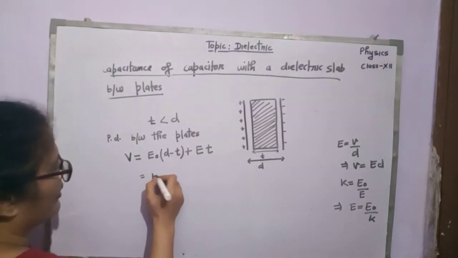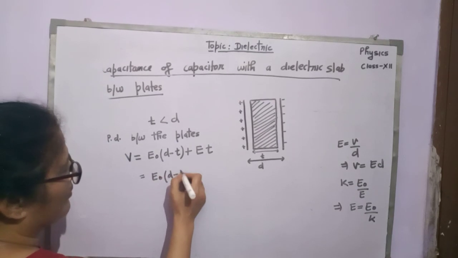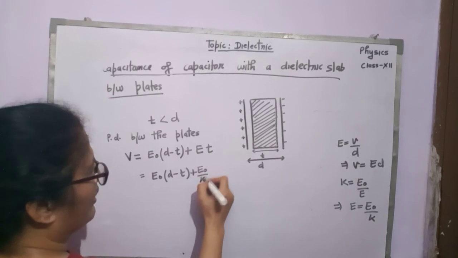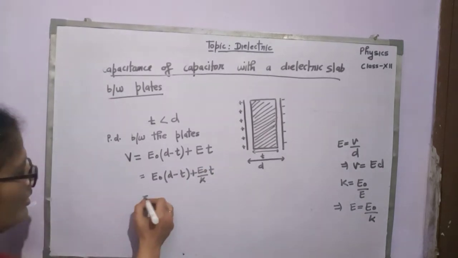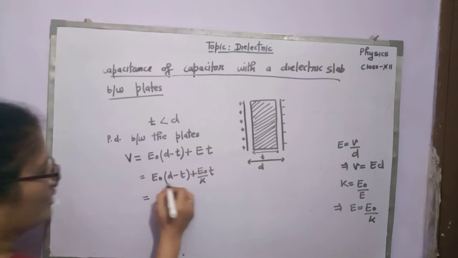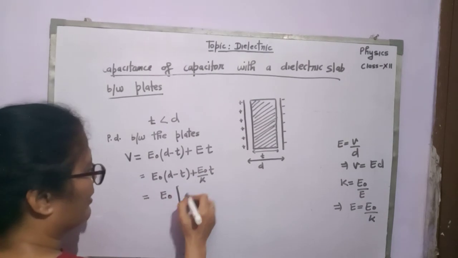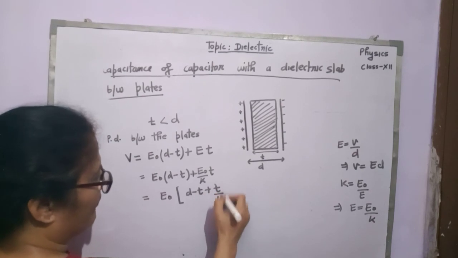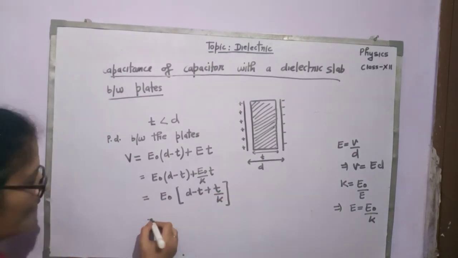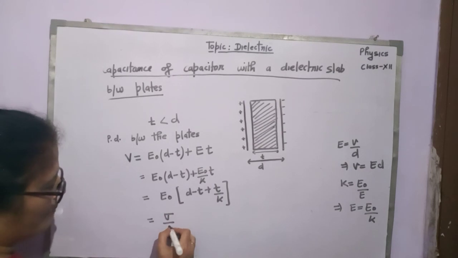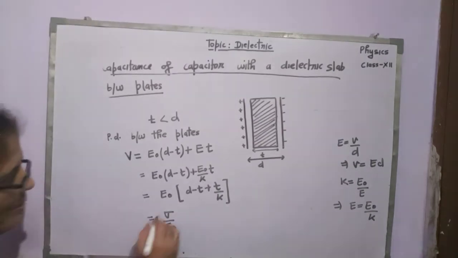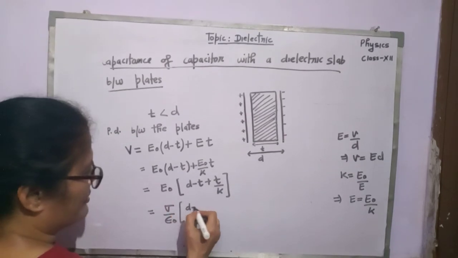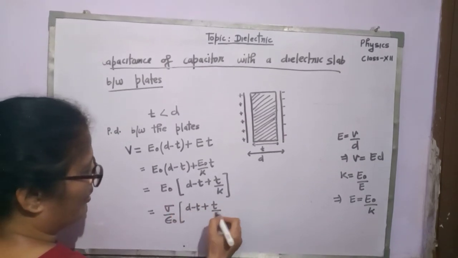You get E naught into d minus t plus E naught upon K into T. Now E naught comes outside the two terms and we get E naught times d minus t plus t upon K. What is the value of E naught between the plates? You know, sigma upon epsilon naught, for two parallel plates. So V is sigma upon epsilon naught times d minus t plus t upon K.